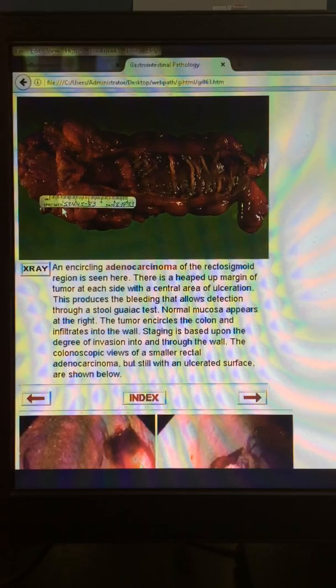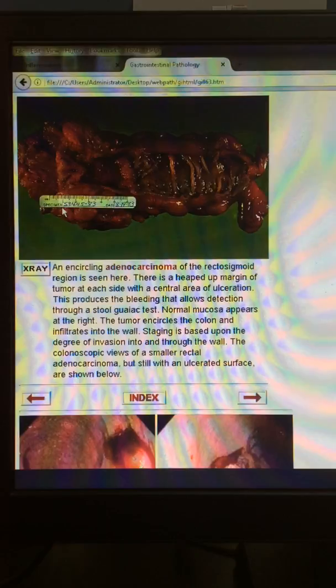The depth of invasion of the colonic adenocarcinoma will determine the tumor stage. If the tumor is limited to the mucosal layer, it is considered T1 stage. If it reached the muscularis propria but did not extend into the pericolonic fat, it is considered T2. If the tumor reaches pericolonic fat and is still not reaching the serosal surface, it is T3.